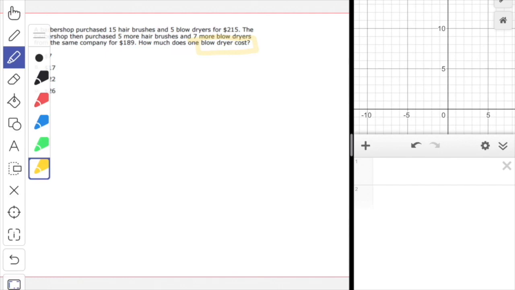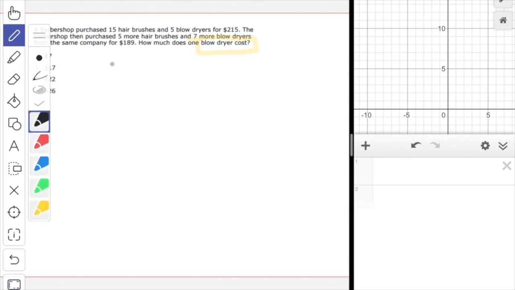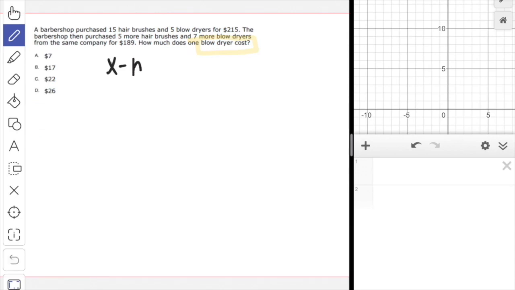If we're solving for a blow dryer, we first need to define our variables. It doesn't matter which one you decide to define it as, but I would use x and y. So x is going to be the hairbrushes, and y is going to be the blow dryers.